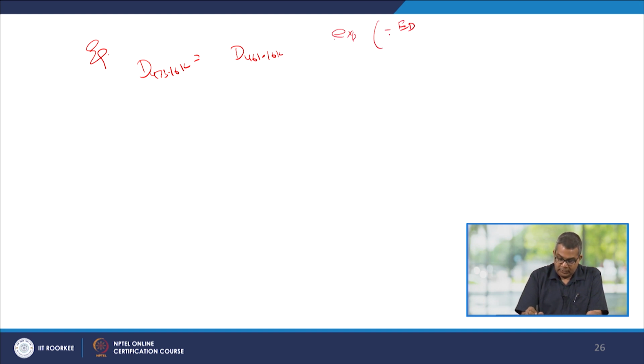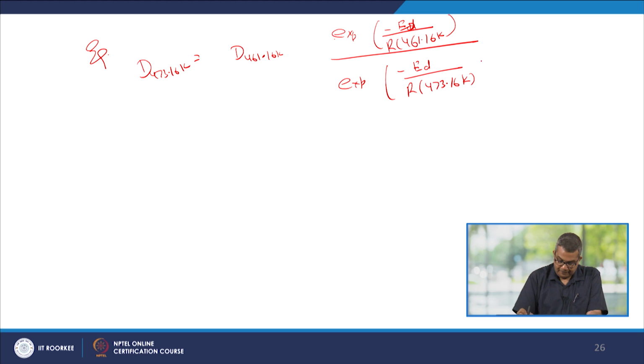Now we can establish the equation: D at 473.16 Kelvin is equal to D at 461.16 Kelvin, then exponential of ED over R into 1 over 461.16 Kelvin minus 1 over 473.16 Kelvin.